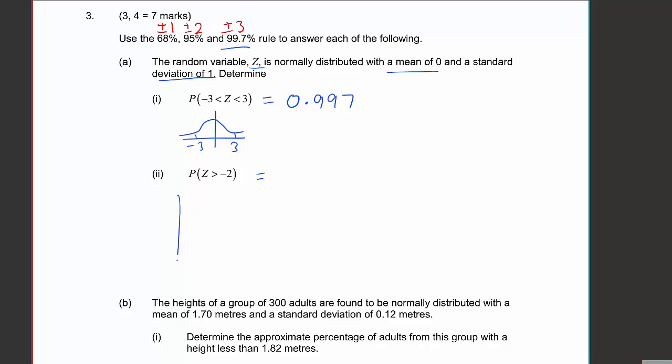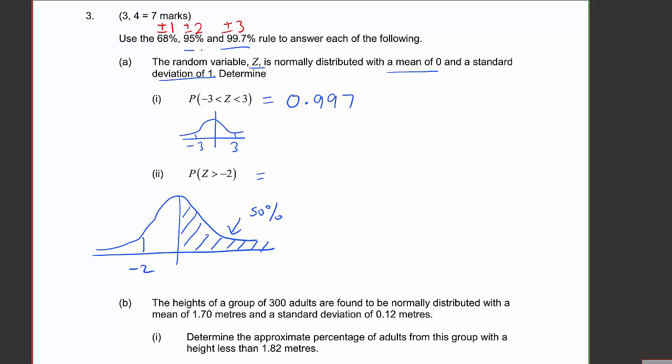Now for z greater than -2, so -2 is here, we're just talking about greater than. Now this area here is 50% because of the symmetry of the normal distribution.